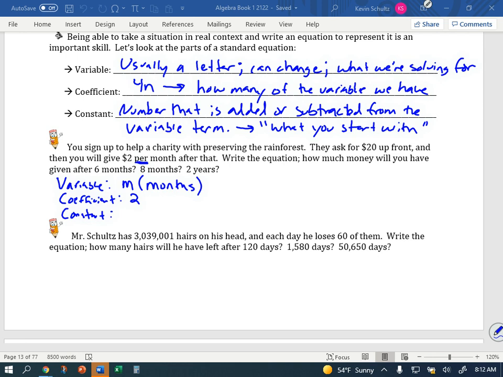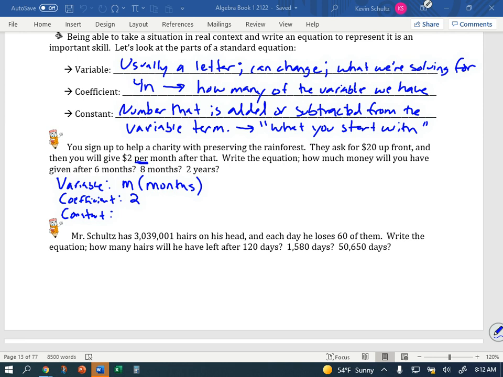So we're using that to calculate how much money's being given in total, right? But what can change here is the time frame. So this is almost a scientific experiment in that we're testing multiple things here. Okay?